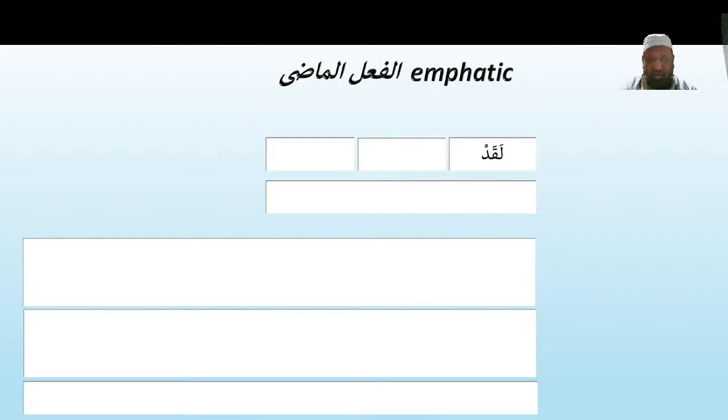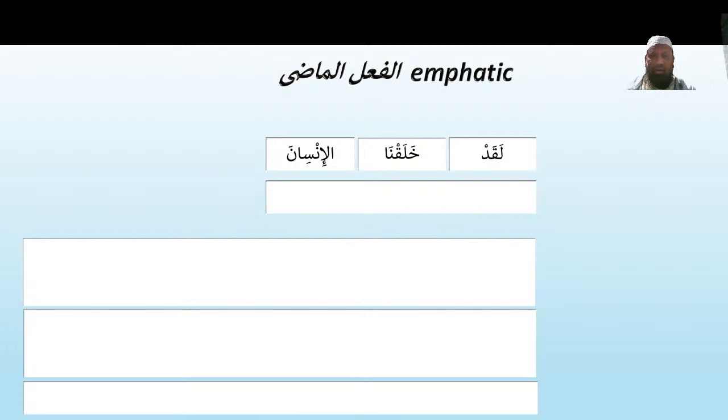So when we see this laqad, many Quranic verses come to mind. Number one, لقد خلقنا الإنسان. Complete sentence. We can add a few more things to the jumla, but this is what we have done, so keep it here.